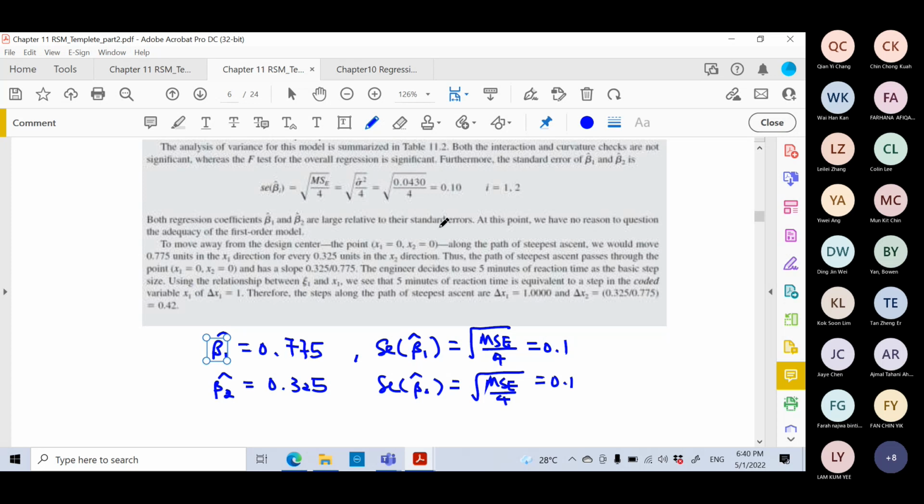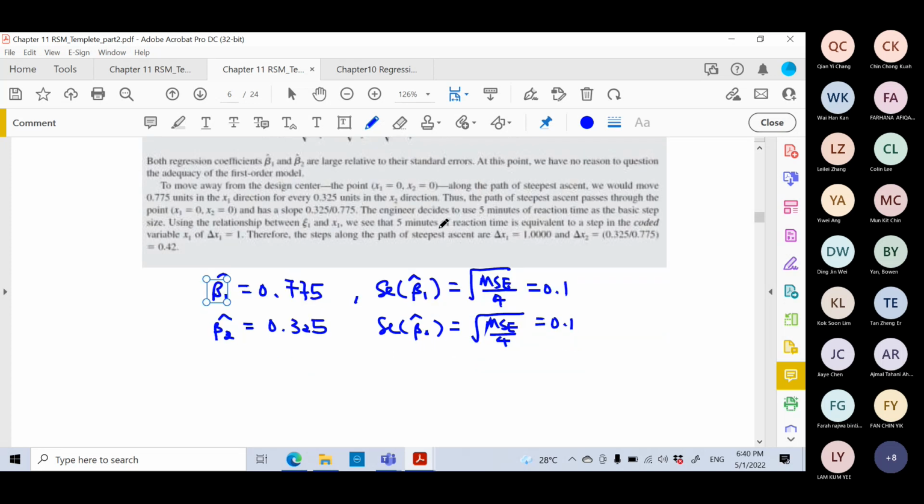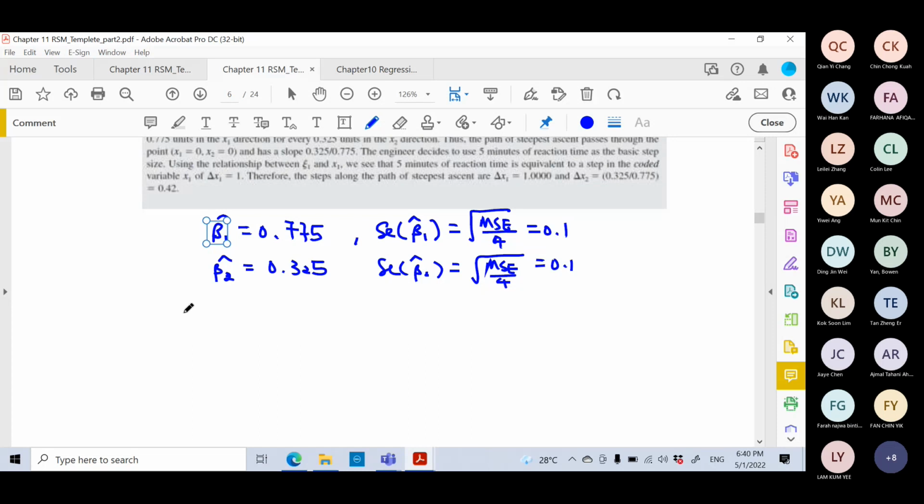They mention that if you want to test beta 1 equal to 0 versus beta 1 not equal to 0, you are testing the individual hypothesis here. So we are using the t-test, which will equal 0.775 divided by 0.1, so you get 7.75.